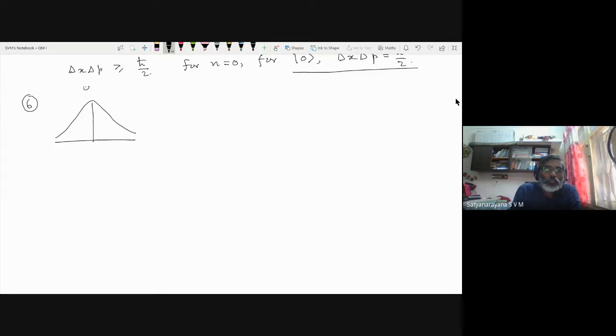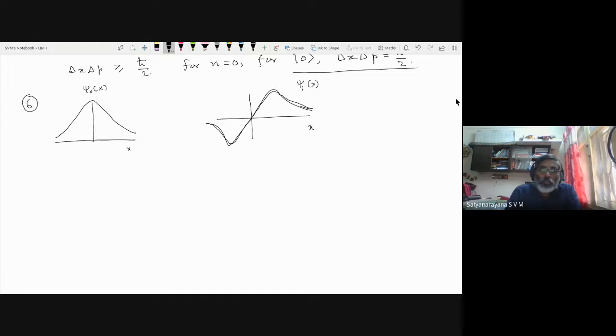Let's say this is psi 0 of x versus x. And the first excited state wave function will be something like this. There is one node, that means at x equal to 0 it is 0. And this is psi 1 of x versus x.